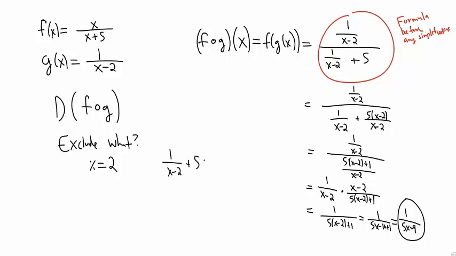Is this ever equal to 0? Let's solve this equation. We get the solution x equals 9/5.